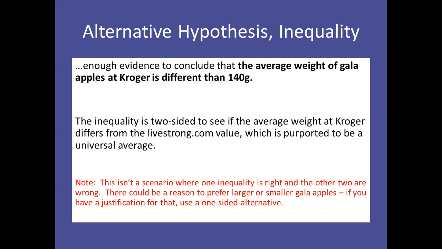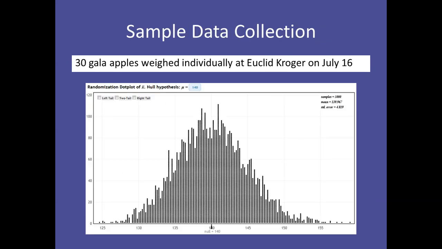Or at Kroger, is it something else, where something else could go either way, maybe bigger, maybe smaller? So if you're using the two-sided alternative here, really it's just seeing, does that 140 grams value hold up at Kroger, or do you have evidence that it does not hold up at Kroger? For the data collection, here it's from scratch. It's going to Kroger and weighing apples individually.